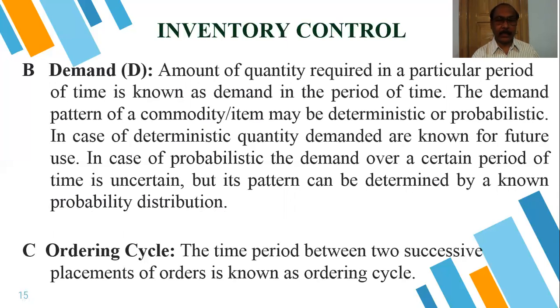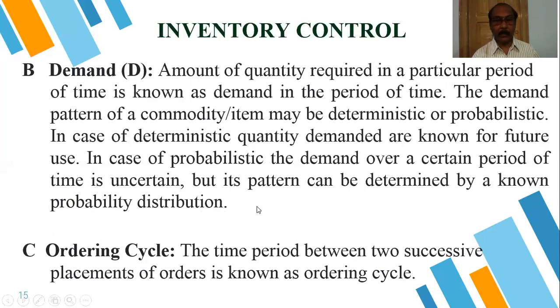Ordering cycle: the time period between two successive placements of an order is known as the ordering cycle. That means we place a first order, and then we place a second order.